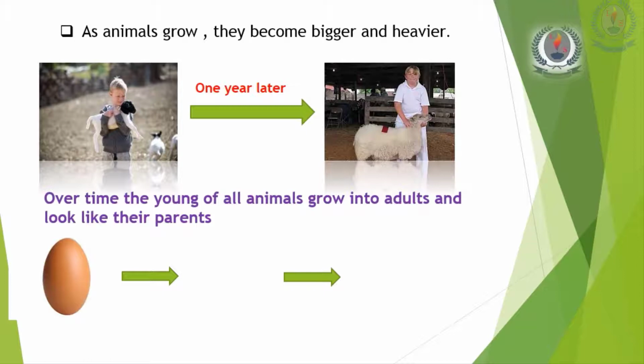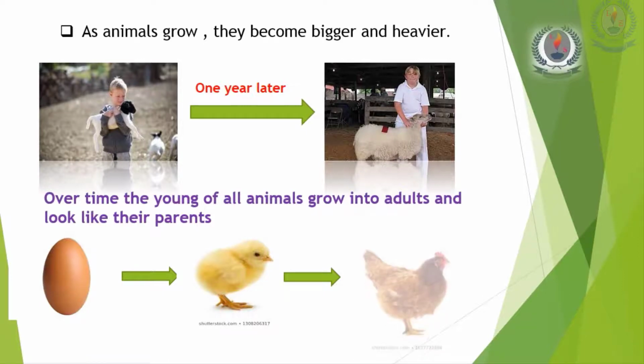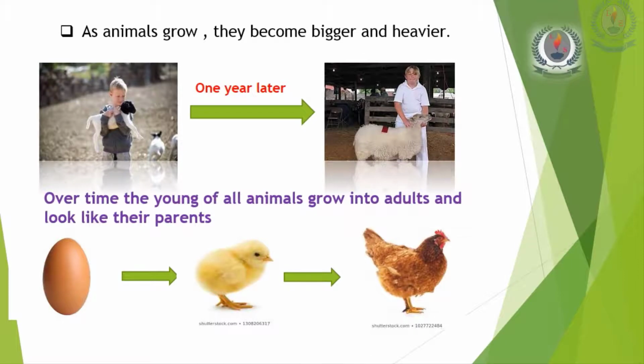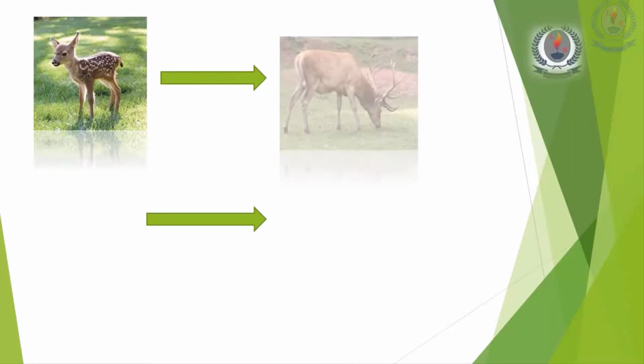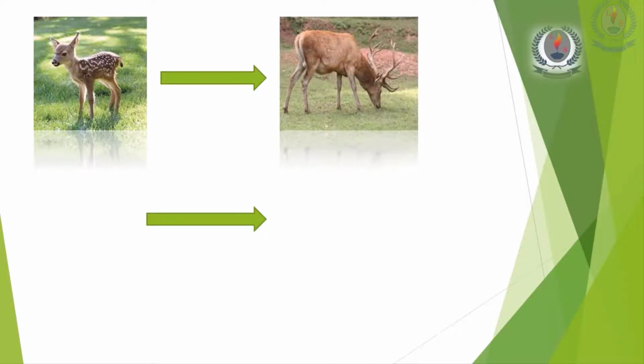In this picture you can see an egg. The next picture there is a chick. And now you can see a chicken. The egg has turned into a chicken. Children, in this picture you can see a fawn. A fawn turned into a deer.